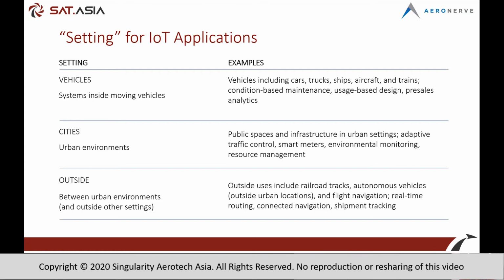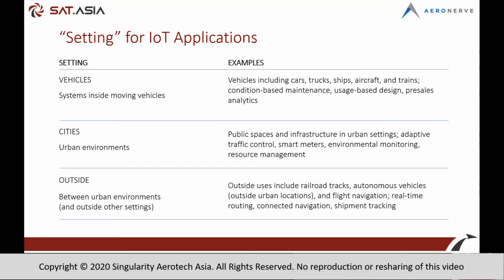For example, one company probably has a fleet of trucks, a fleet of machines, vehicles, and what they're most interested in is real-time location of the vehicles, condition-based monitoring of the vehicles, and usage-based monitoring, such as the utilization rate, for example. So those are the applications with regard to the vehicle setting.